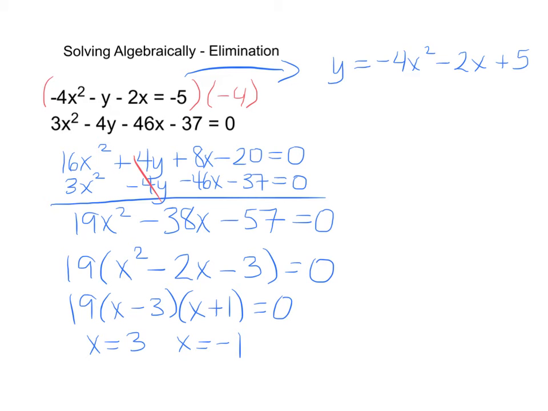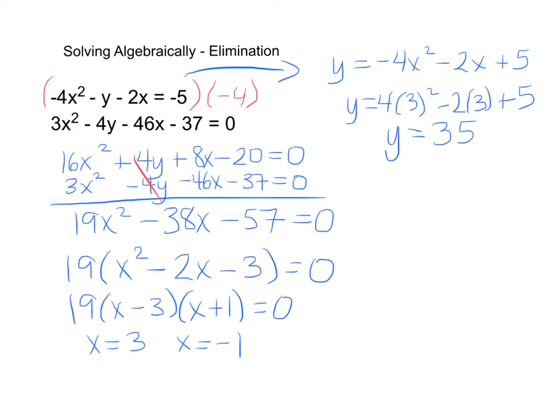And then I can fill in those x values. So y equals 4 times 3 squared minus 2 times 3 plus 5 to get this y value. Just punching that in my calculator, or you can do it in your head. I get y equals 35.